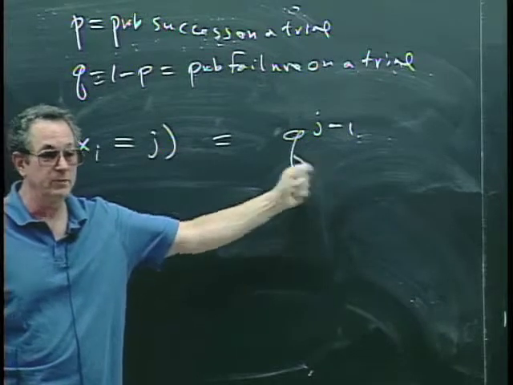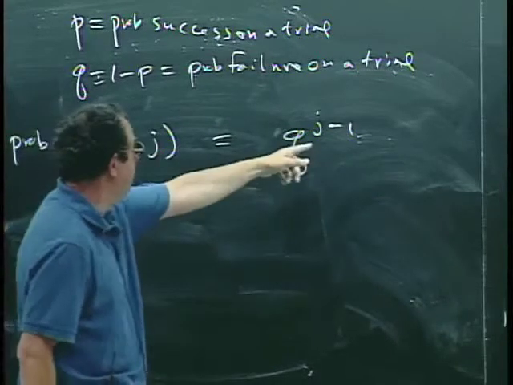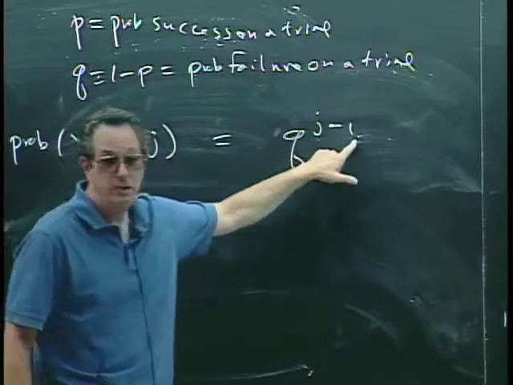Before. Yeah, you're going to fail j minus 1 times.